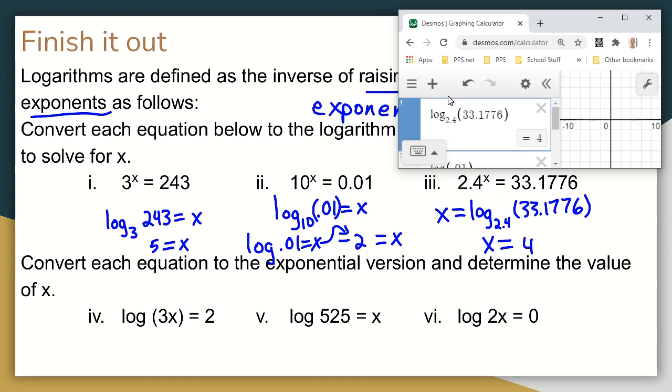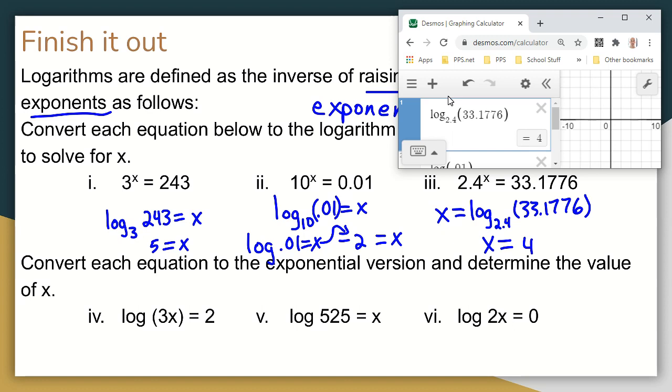Now, on these next ones down here, we have log of 3x is equal to 2. We can't solve for that because x is not isolated. So here we need to rewrite into exponential form.